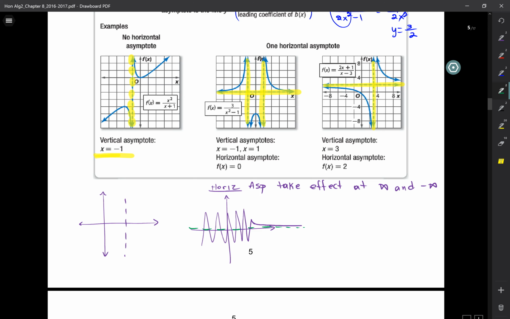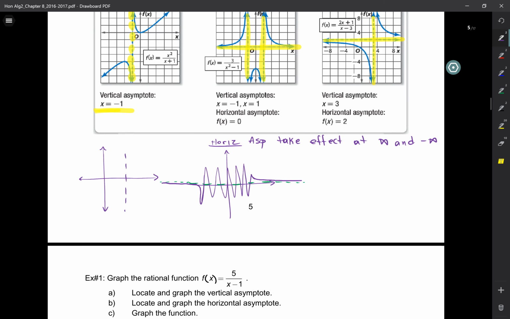Okay? So here too, it could cross as many times as it likes. It's only at the end that the asymptotes take effect. Okay? I just want to make that clear. This is a very common misconception. All right? We're going to do lots of examples.